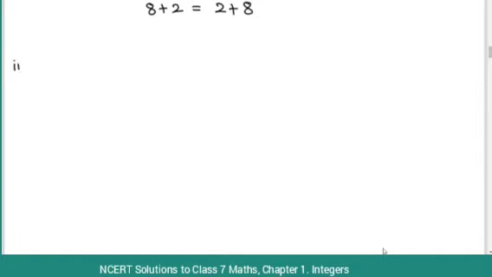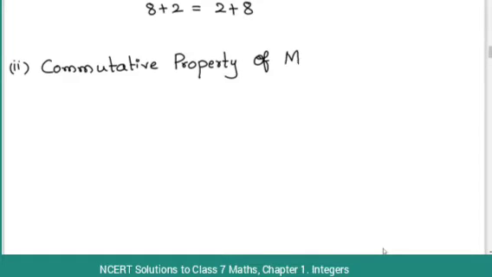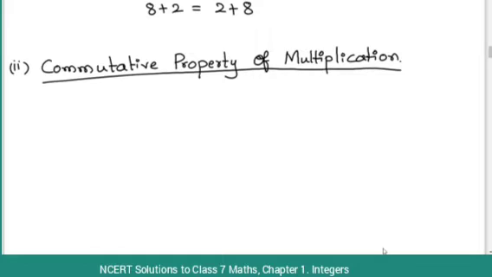Next one is commutative property of multiplication. In this commutative property of multiplication, when we interchange the order of integers while multiplying, the product remains same.